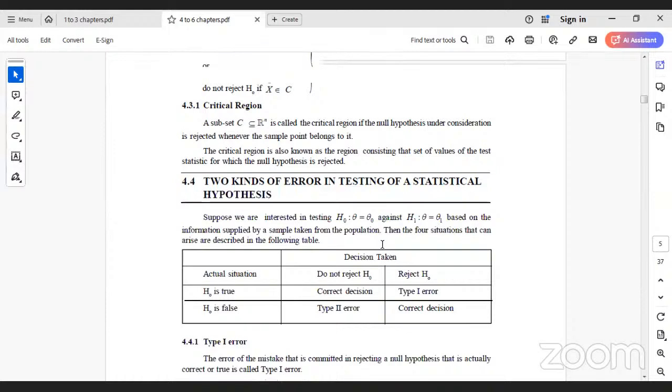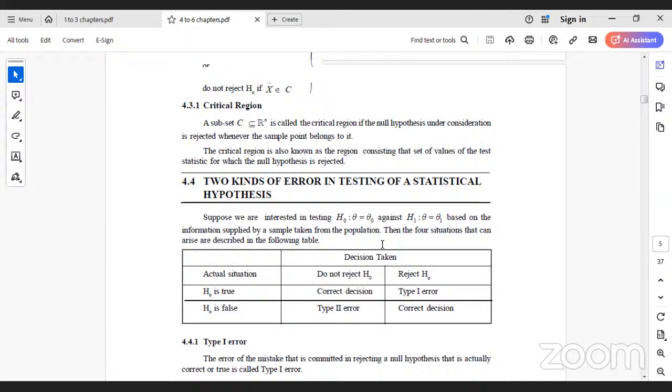Two kinds of error in testing of statistical hypothesis. Suppose we are interested in testing H0: theta equals theta0 against H1: theta equals theta1, based on the information supplied by a sample taken from the population.